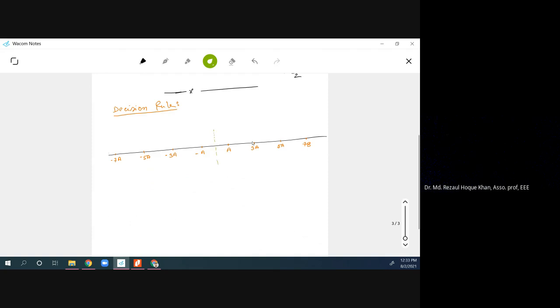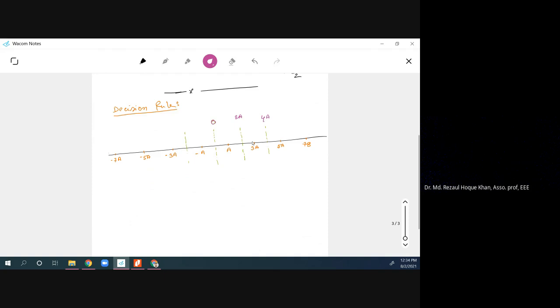Between A and 3A, this is the twice A value. Between 3A and 5A, this is the 4A value. Likewise, every point has a boundary.